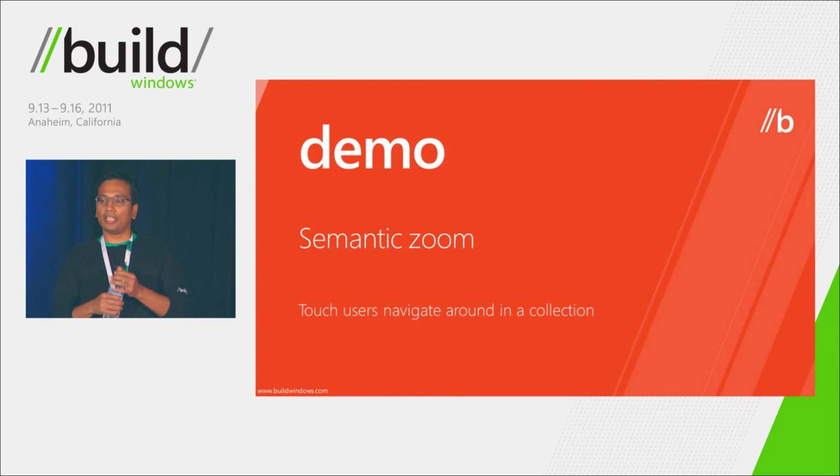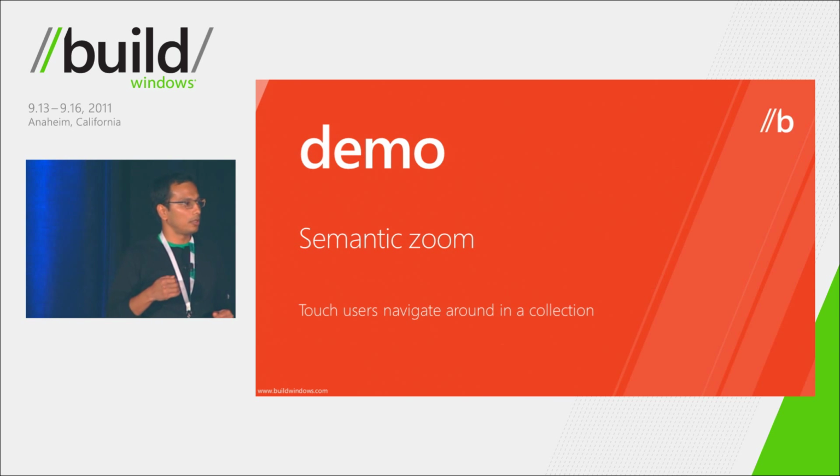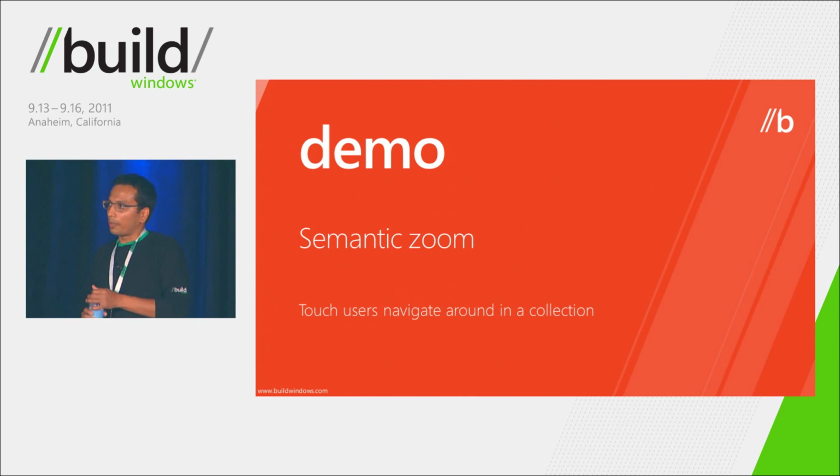So in the keynote yesterday and in Jensen Harris's big picture talk around UX of Windows 8, semantic zoom was introduced. And it's really a way to provide users an easier user experience when they're dealing with large amounts of data. So imagine when a data collection has tons of data so that you have to pan, and maybe you have to pan like 15 times to get to the data you want.